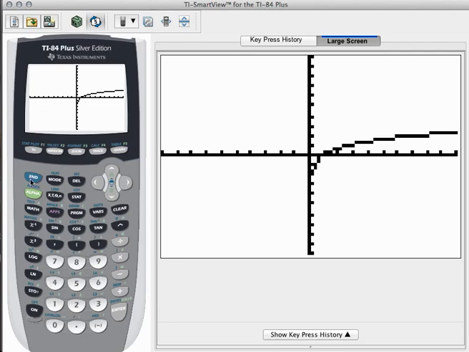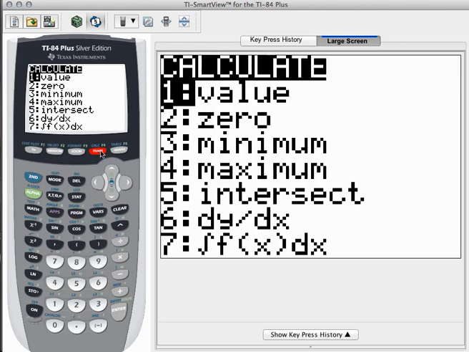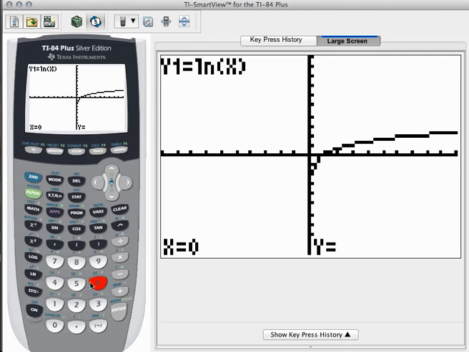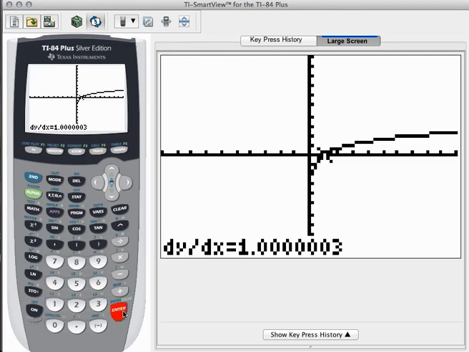So remember, you can do that by doing second trace, go down to number 6, dy dx, and simply type in 1. So we find that the derivative value of y equals natural log of x when x equals 1 is approximately equal to 1.